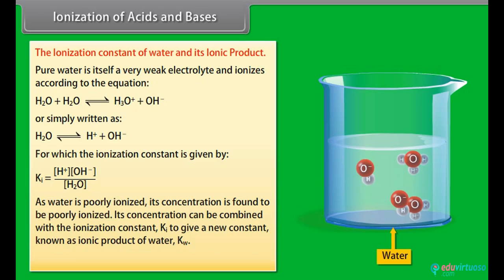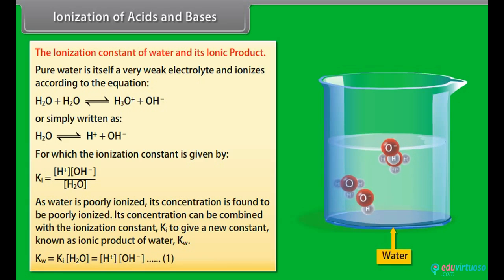As water is poorly ionized, its concentration is practically constant. Its concentration can be combined with the ionization constant, Ki, to give a new constant, known as ionic product of water, Kw. Name it as equation 1.